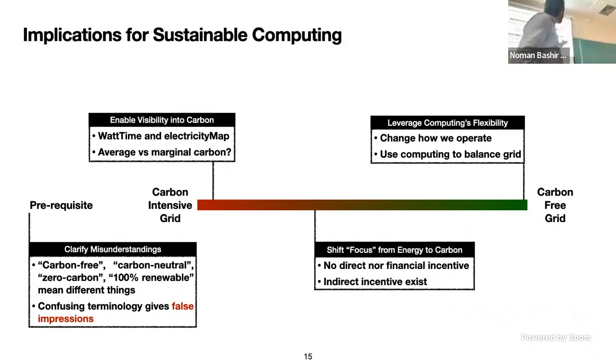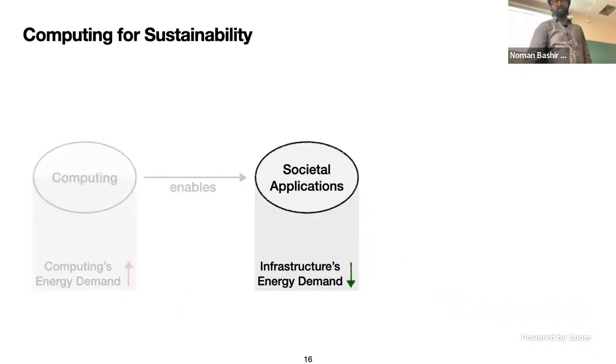And ultimately, we would like to go towards a carbon-free grid where everything is renewable or very, very low carbon. So far we have discussed computing and how we can make computing itself sustainable. Now I will give a very brief overview of how computing is making other societal applications more sustainable.